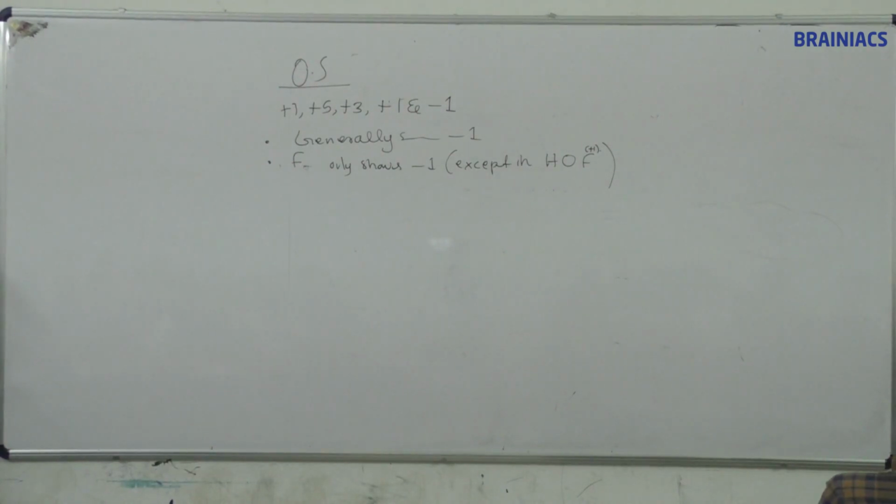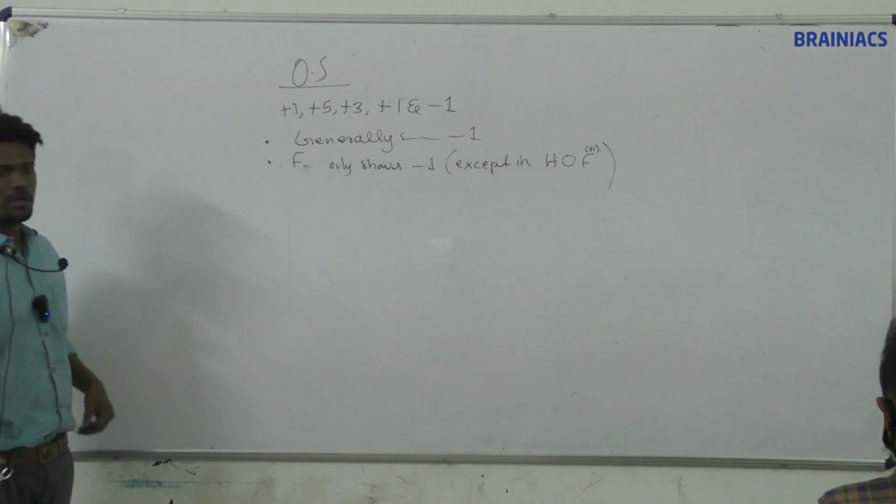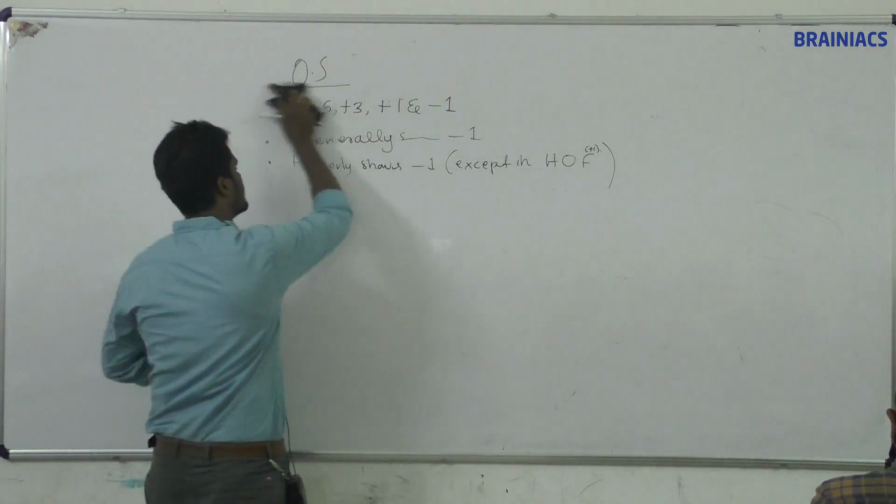Fluorine only shows minus 1, except in HOF. In HOF it shows plus 1 oxidation state. So basically fluorine only shows minus 1 oxidation state except in HOF.